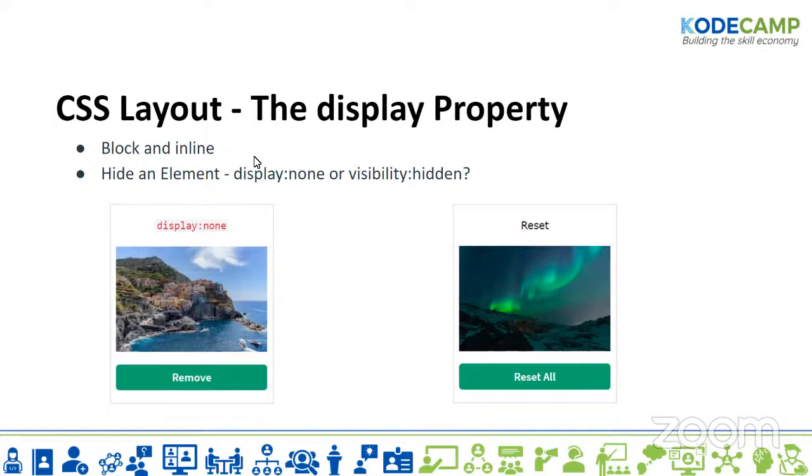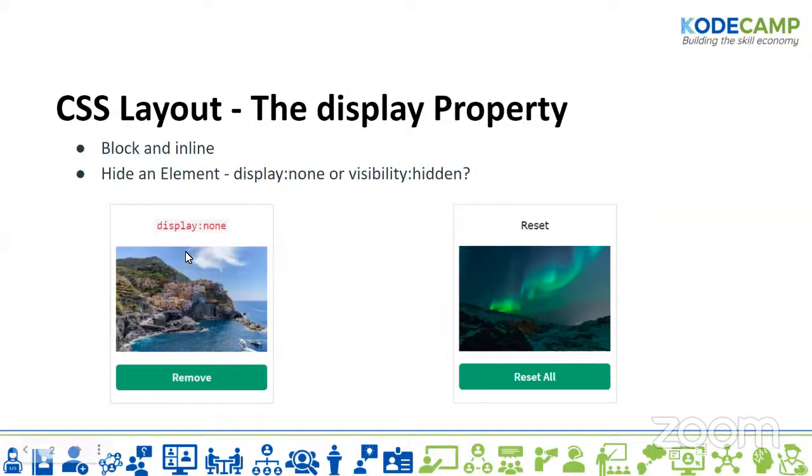Whereas display of none removes even the space. If there were two other blocks here, these blocks would adjust to this position and take up the empty space. That's the difference between display of none and visibility of hidden.